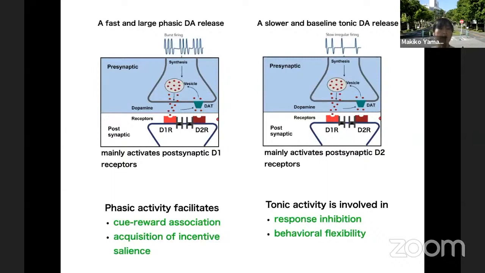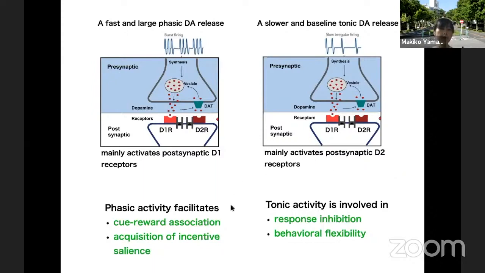We looked at the D1 receptors and the D2 receptors. They have different roles in cognition and also in terms of dopamine release. Burst firing produces phasic dopamine release, which mainly activates postsynaptic D1 receptors, whereas slow irregular firing produces baseline DA release, which mainly activates postsynaptic D2 receptors.